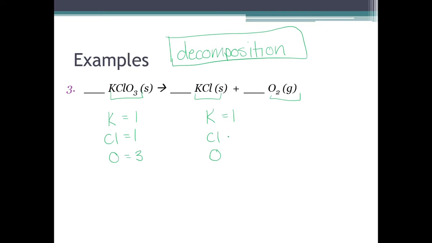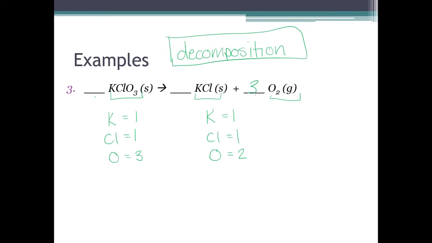Here we have 1 potassium, 1 chlorine, and 2 oxygens. So potassium and chlorine are all set, oxygen not so much. And we've got that great situation where there is nothing we can put in this blank here to create 2 oxygens, and there's nothing we can put in this blank here to make it be 3.